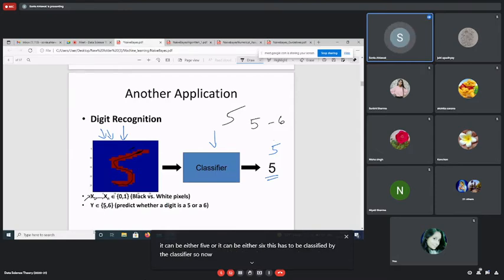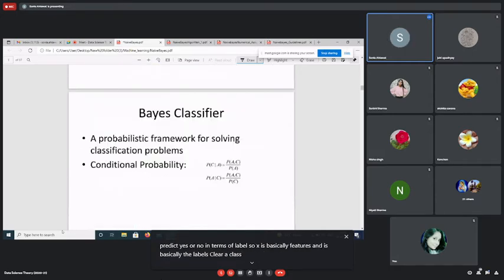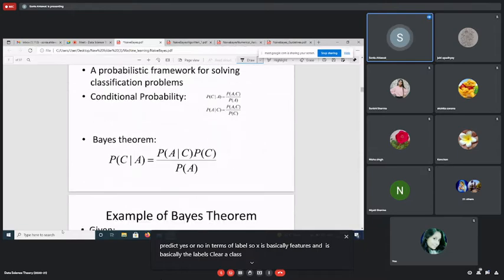So now the predictor is whether it is 5 or 6, or I can simply say: it is 5, yes; it is not 5, no. So now the classifier has to predict yes or no in terms of label. So X is basically features and Y is basically the labels. Clear hai class? So this was the actual formula that we have to calculate.